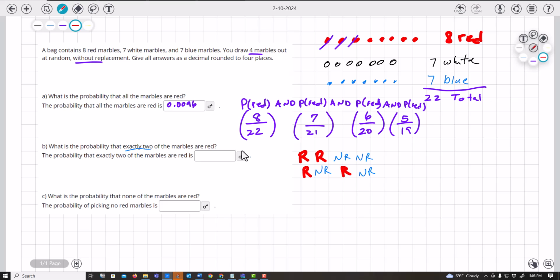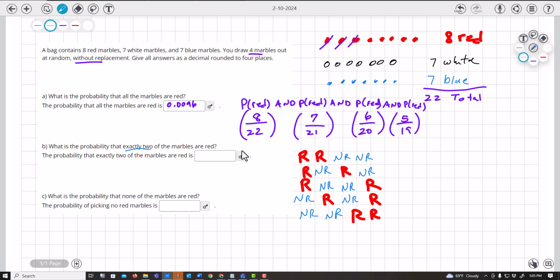I could have the first and the last red, and the second and the third not red. I could have the second and the last red, the first not red, the third not red. I could have the last 2 that were drawn be red.